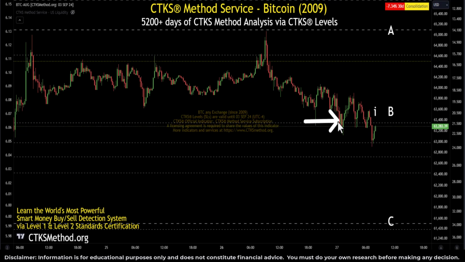And that's a little bit of a light level as well, but we do have lighter structural support levels below, but they're clustered. So we've got 1, 2, 3, 4 of them before we get down to around that 61,600 level.